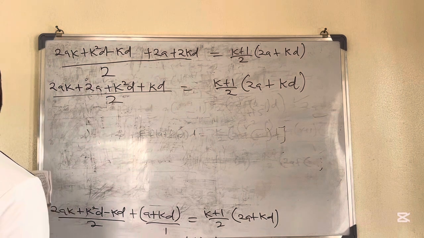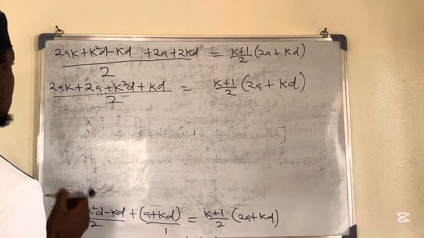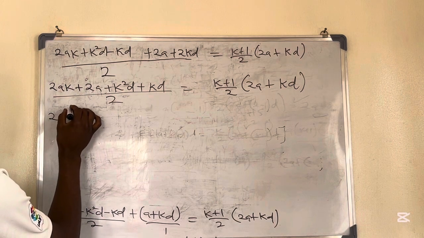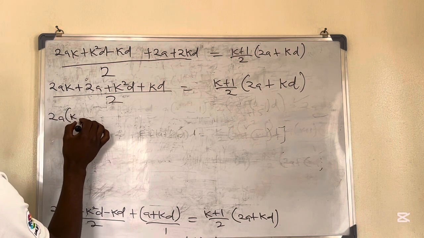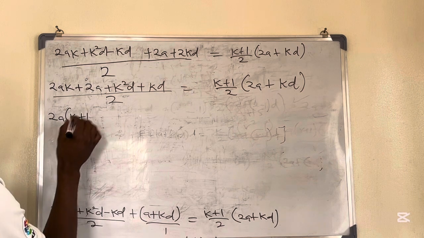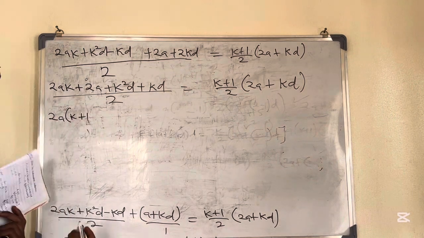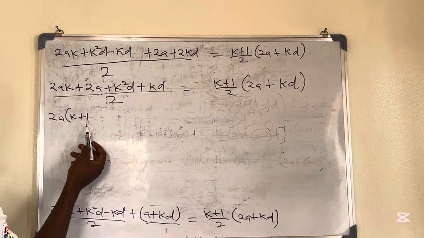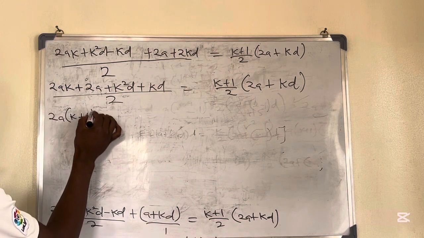So we factor out 2a. Here now we have just k left, then here plus 1. By the time you say 2a multiplied by k, we have 2ak, 2a multiplied by 1, we have 2a. So we're done with this part.